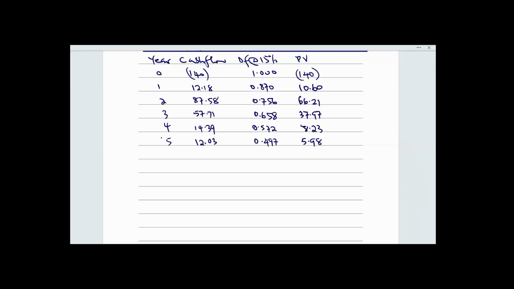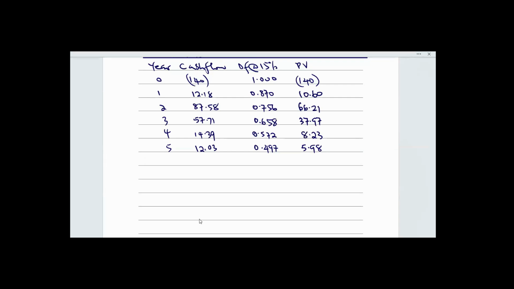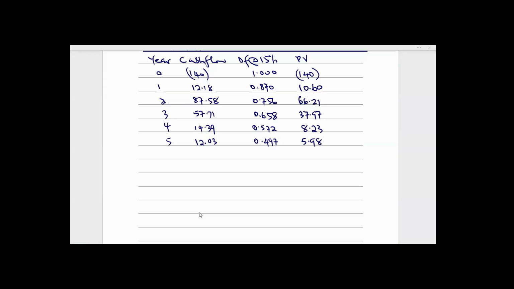So we then add up and get the NPV. So here is 5.98 plus 8.23 plus 37.97 plus 66.21 plus 10.6 equals, then minus 140 equals 11.01 negative.